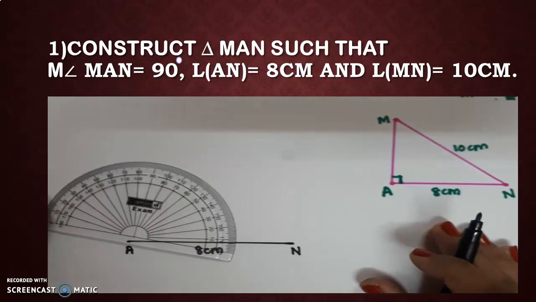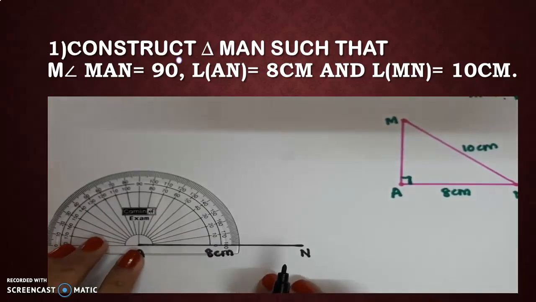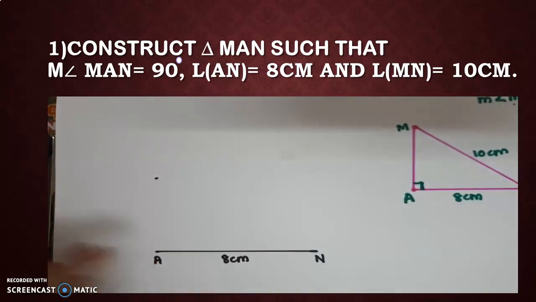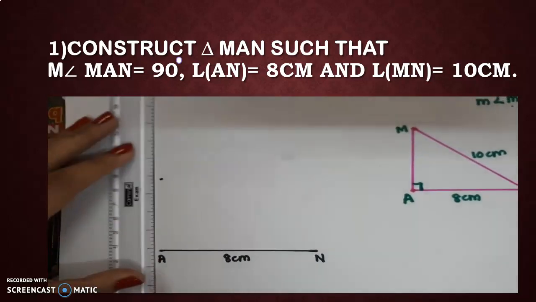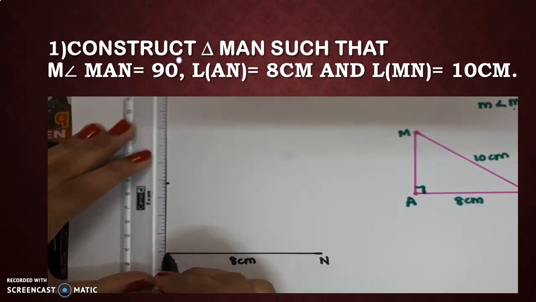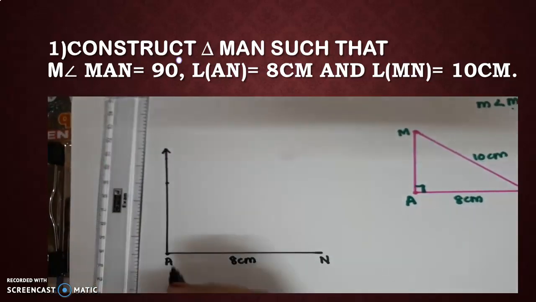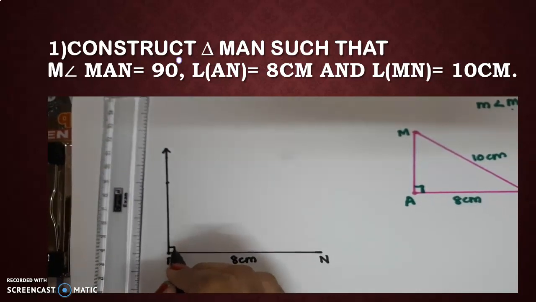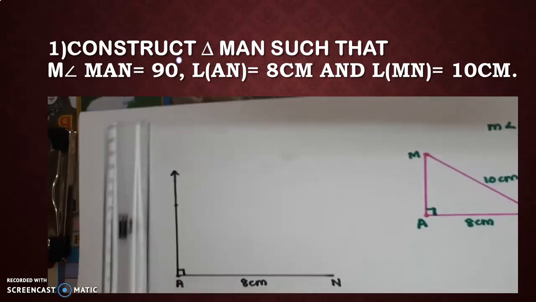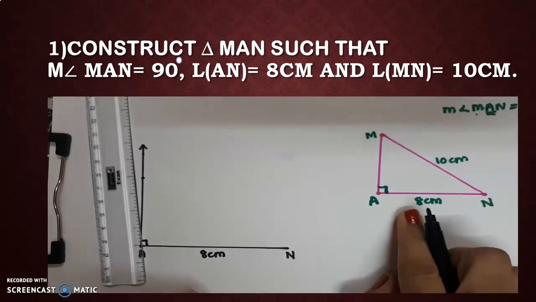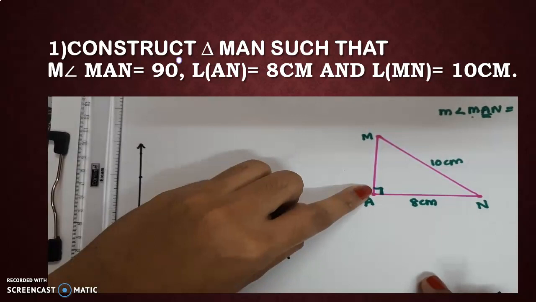We will keep our protractor on point A and draw a 90 degree angle. Then we join this point with vertex A and give an arrow over here. As this angle is 90 degrees, we show the symbol of 90 degrees. Now our AN is done, and we have finished angle A.